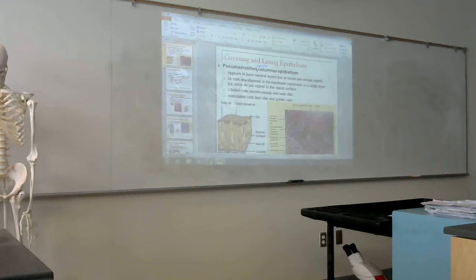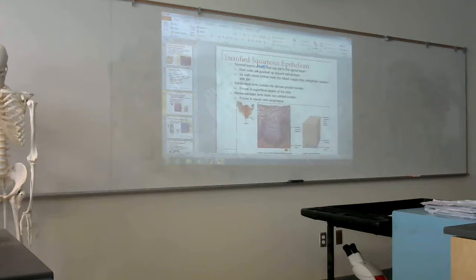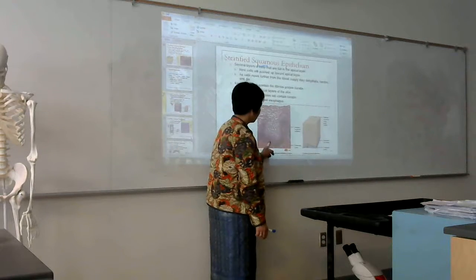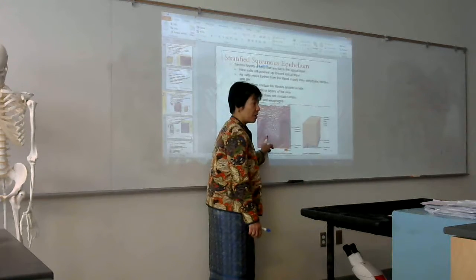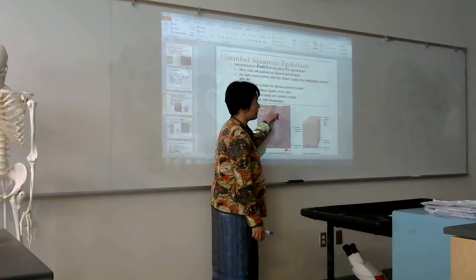Next, stratified. Many layers. So I am only asking you to draw stratified squamous. I'm not asking you to draw stratified cuboidal or stratified columnar. This is just so you know how a stratified epithelium looks. Look at this one. The deeper layer of cells is round, yes, but the topmost is flat.